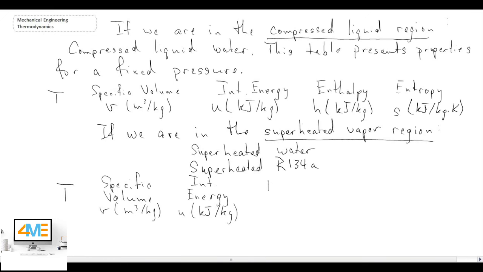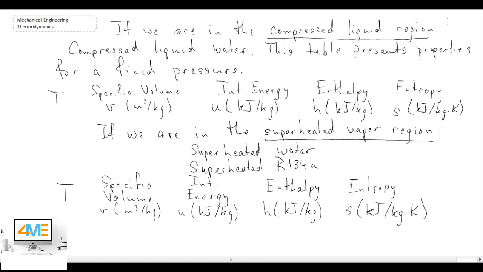You have enthalpy, and that is little h, and that is kilojoules per kilogram. And finally, entropy, and that is s. Notice entropy is different from the others in terms of the units. It's kilojoules per kilogram Kelvin. Okay, so those are the tables that you'll be using.